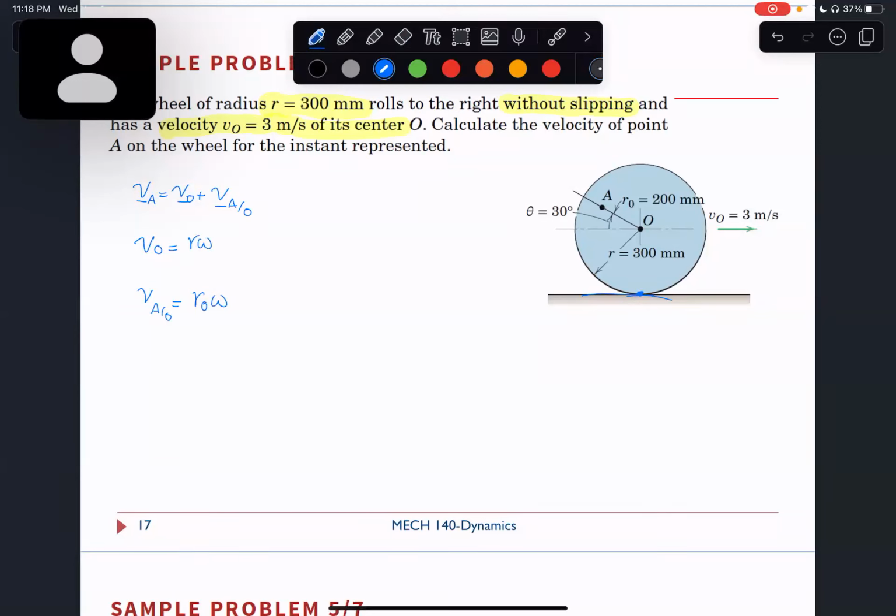These are the scalar form, right? We're doing the scalar method. So omega is VO over R. It's 3 meters per second, and this is 0.3 meters, 300 millimeters. So omega is 10 radians per second. Now going back to point A relative to O, that's going to be this radius, 0.2, times my omega, which is 10. So VAO is going to be 2 meters per second.